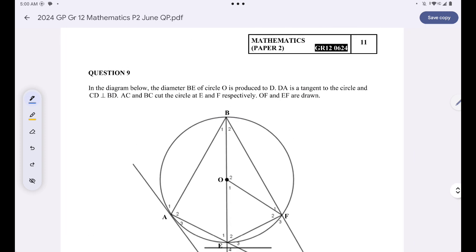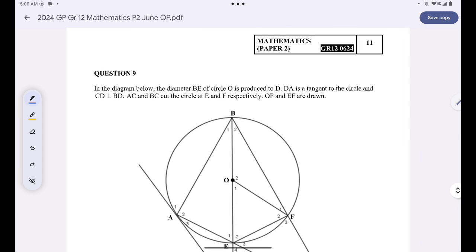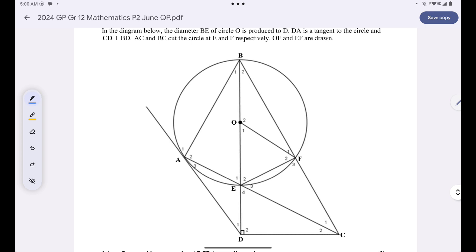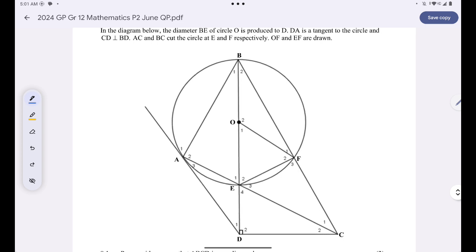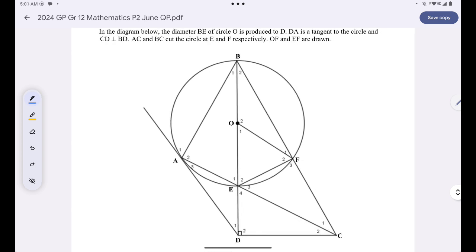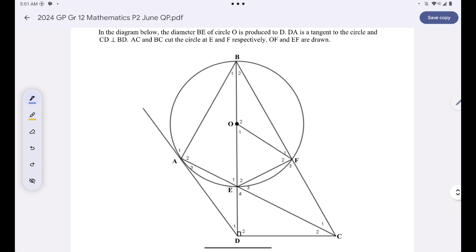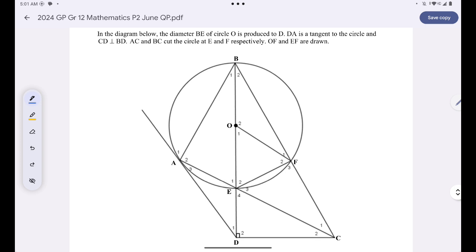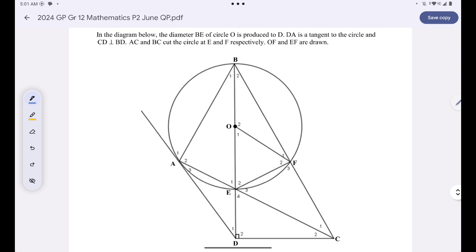Okay, we are told that in the diagram below, the diameter BE of the circle O is produced to D. Once they tell me about the diameter, 2 theorems need to click in my mind. The first one is that the angle subtended by the diameter at the circumference is equal to 90 degrees.